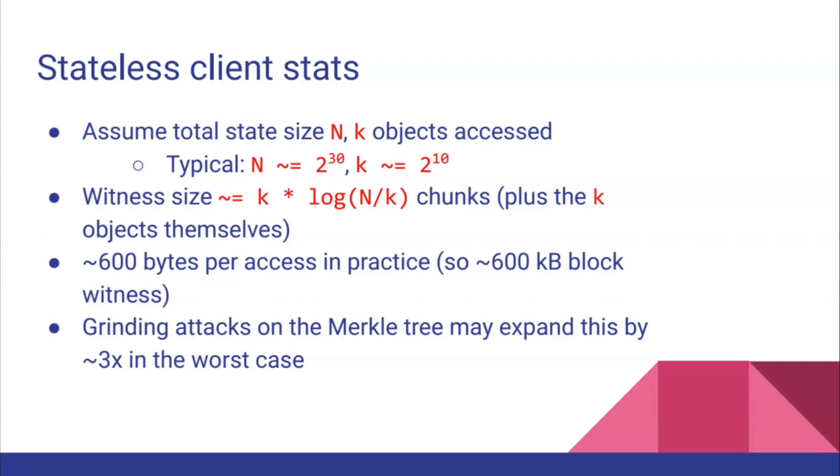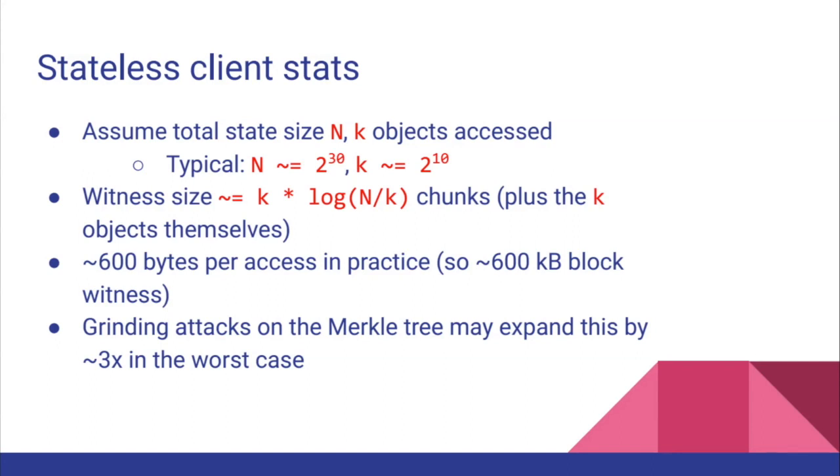And so right now, Merkle witnesses are about 4 to 5 times longer than they need to be. But with stateless clients, you can knock it down to about 600 bytes per access in practice, and on average about 600 kilobytes for a witness of an Ethereum block. That is on average, and we'll talk about that a bit later.